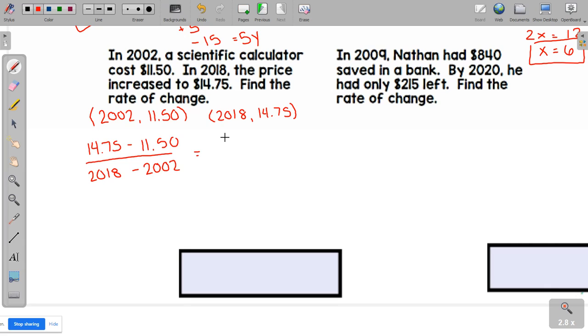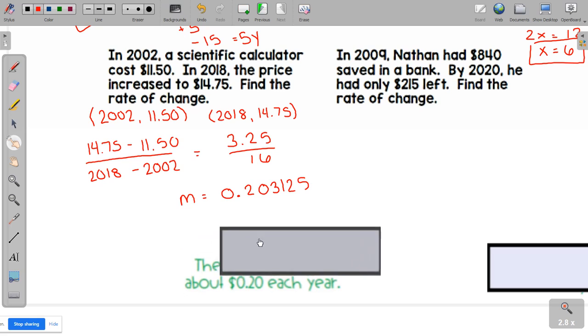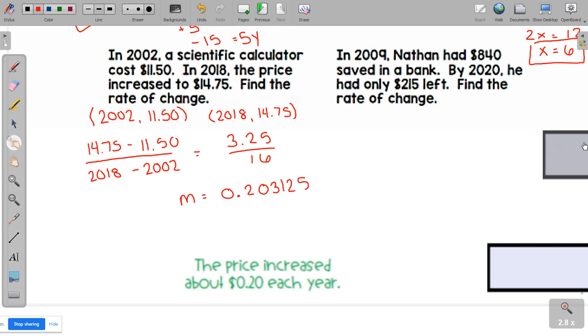You subtract this, you get 3.25, and then you get 16. If you divide that, you get the slope of 0.203125. So what this means is the price increased about 20 cents each year.